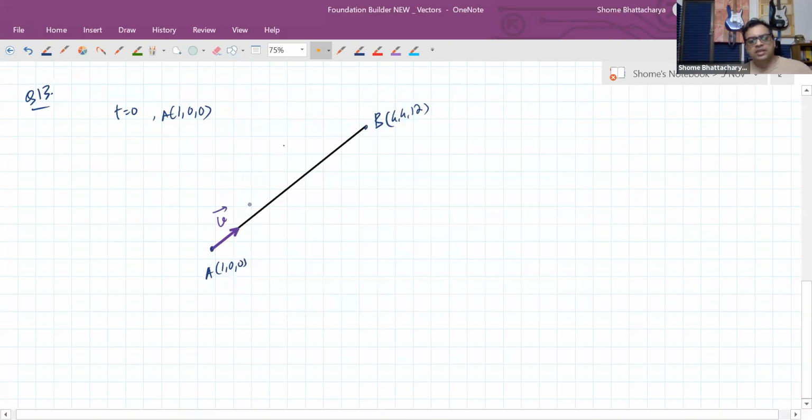So the velocity's direction is like this. Now given that speed of the particle is 65 meters per second, how can we express velocity? Once we express velocity, then we can find out the displacement after 2 seconds. So it is asking the coordinates of the particle, or the position of the particle at 2 seconds, how much that will be.